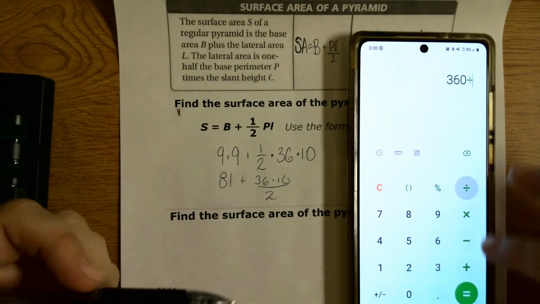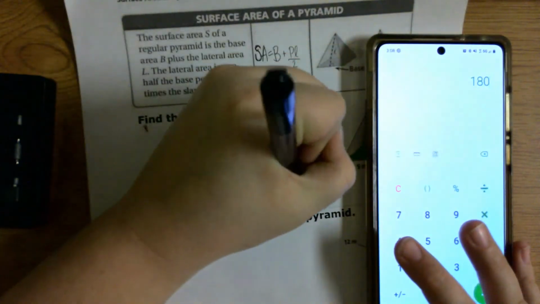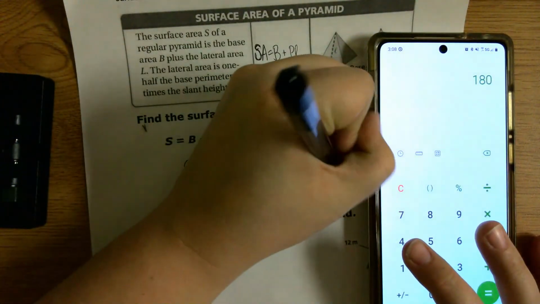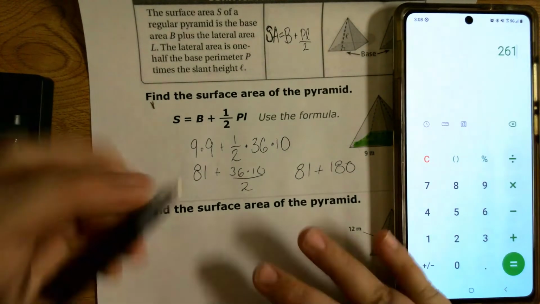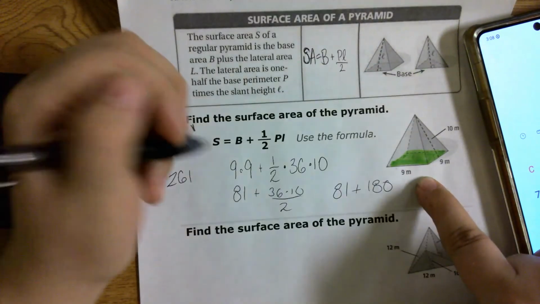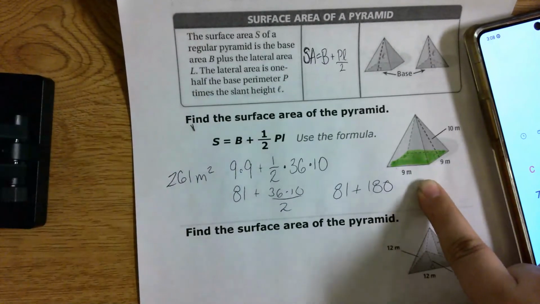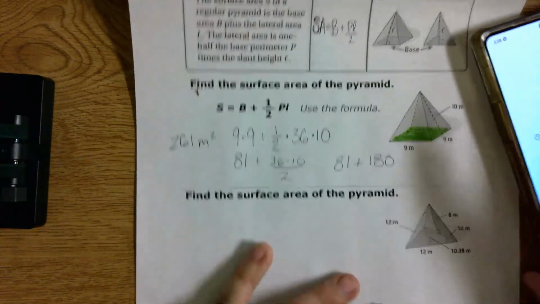Divide that by 2. We now have 81 plus 180, which gives us a surface area of 261 square meters. All right, so we're just going to continually use the formulas.